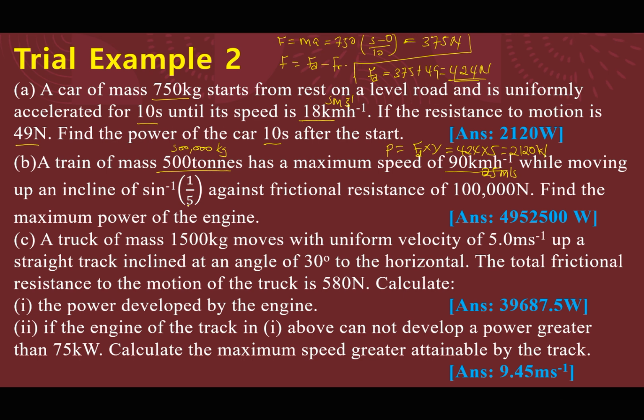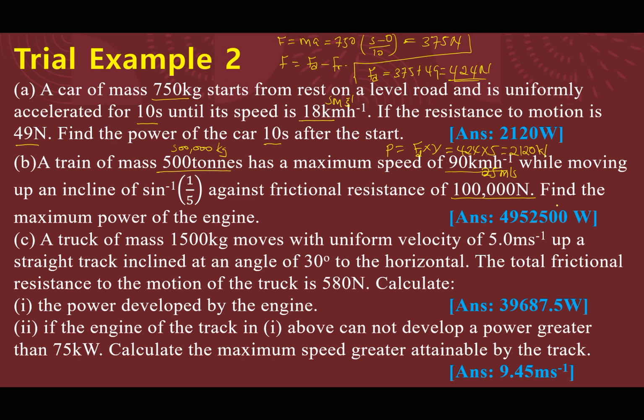1 divided by 5 is 0.2. It's about 11 point something. Against frictional resistance of 100,000 newtons, find the maximum power of the engine.